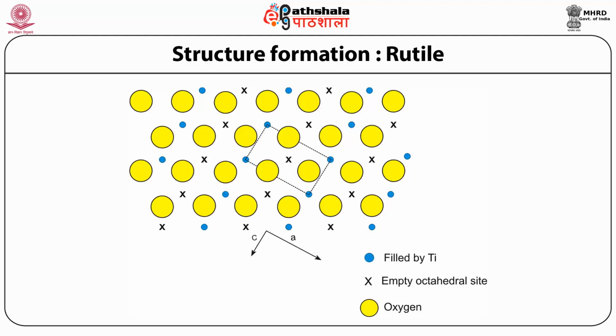As we have discussed earlier, the oxygen and titanium ions are arranged in a rutile structure where the titanium cations have a coordination number of 6, surrounded by octahedra of 6 oxygen atoms, which you can see clearly in this figure.